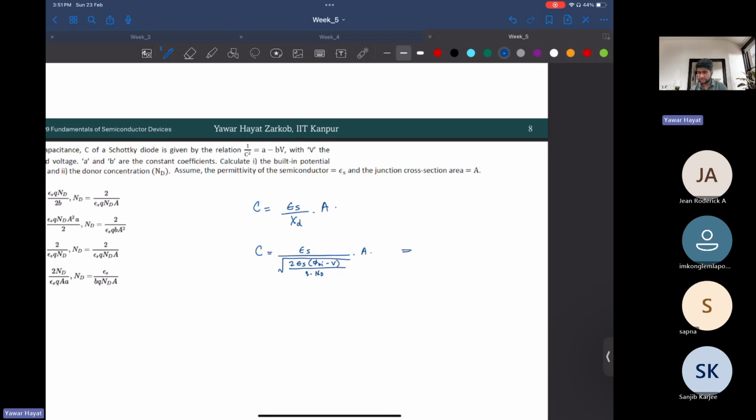So this gives us that C is equal to square root of q epsilon s Nd divided by 2 times phi bi minus V, times the area.